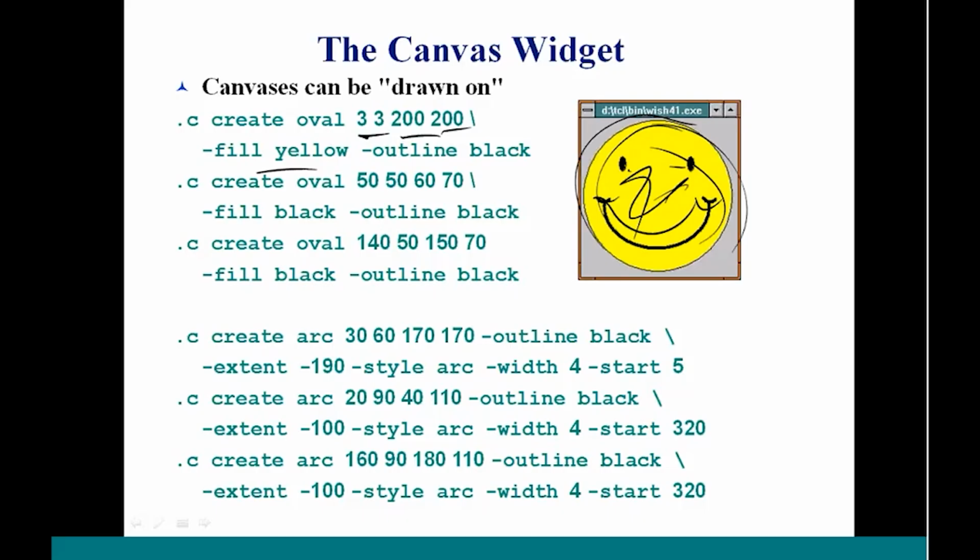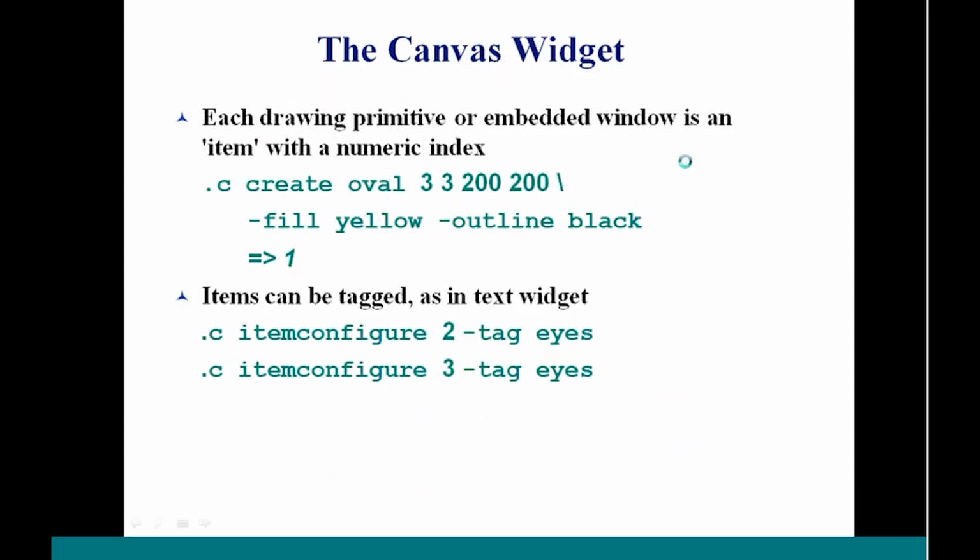Then we have another one, 50 50 60 70, which is for the eyes. For each one we specify exactly the location. Then we create an arc for the smiley face's mouth, and two tiny squiggly arcs, which are the next two. This way we create this smiley face.